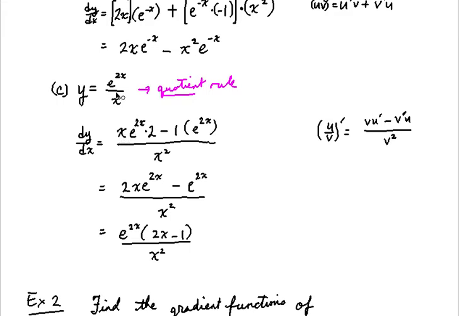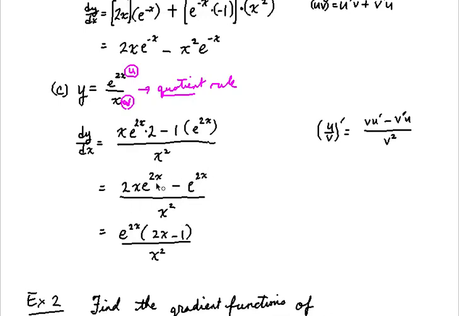So v times u prime, well, let's say that's u and that's v, and there's my v prime, minus v prime, which is 1 times u, all over v squared, which is x squared. And then I simplify that, and I end up with 2x e to the 2x minus e to the 2x all over x squared.